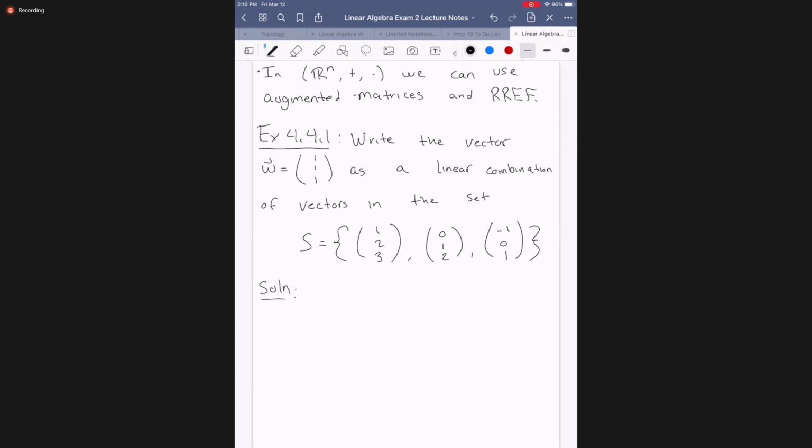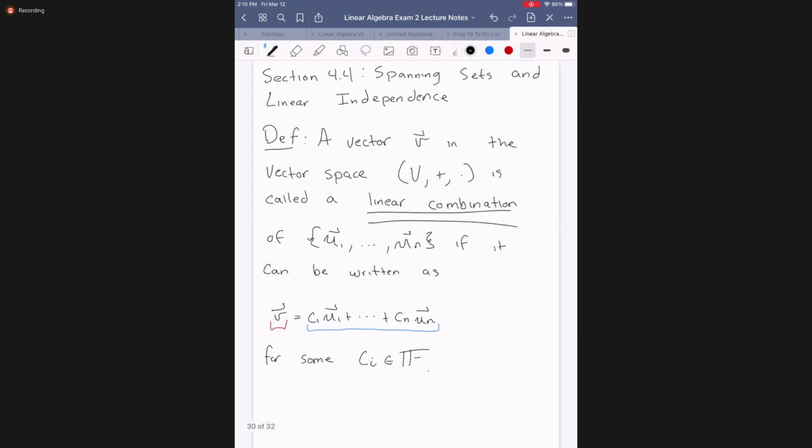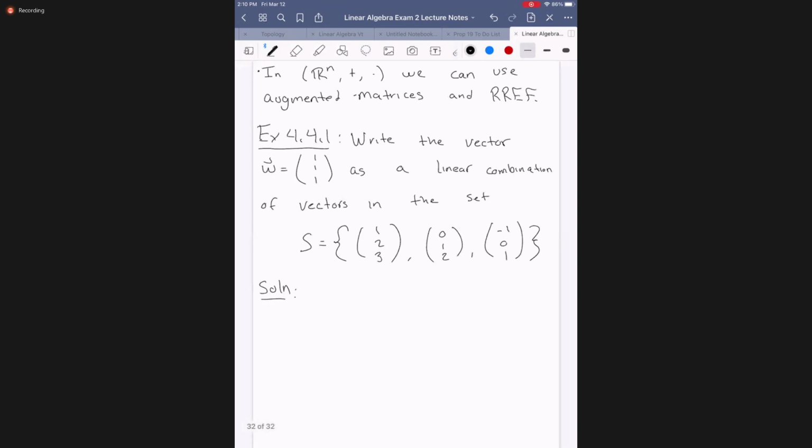So remember, what does it mean to be a linear combination? Well, from the definition I gave here, we want to find our c_i in this expression: c1 (1, 2, 3) plus c2 (0, 1, 2) plus c3 (-1, 0, 1), right?